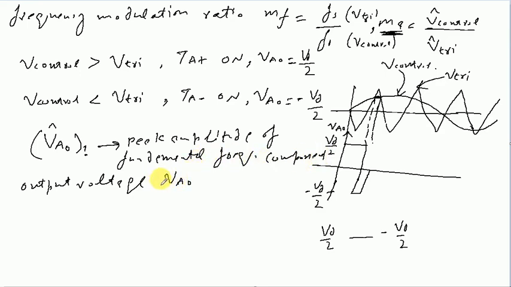I'm writing it over here so that it is more clear to you. So the peak amplitude of the fundamental frequency component is equal to the amplitude modulation ratio, M_A, times the voltage available across one of the capacitors.